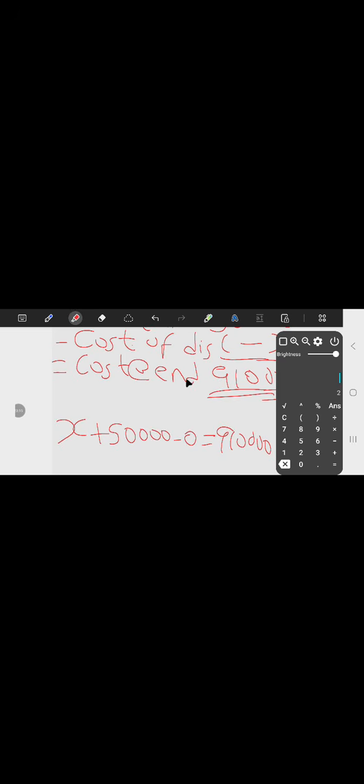50,000 minus 0 is 50,000. Then we have our x is equals to 910,000, and then our 50,000 is gonna jump and go to the other side. When it jumps, it changes. The operating sign is going to be minus 50,000.